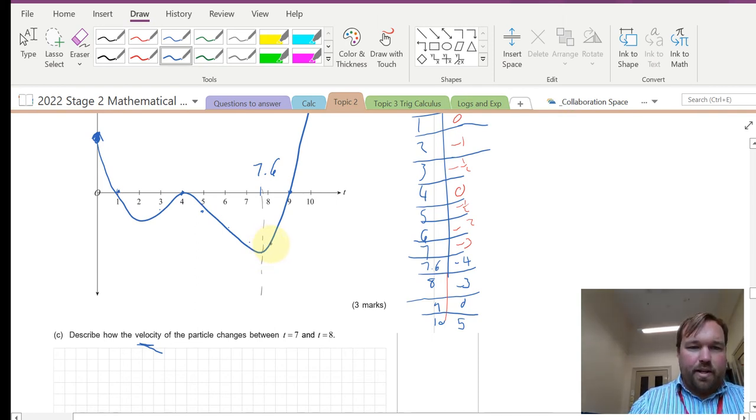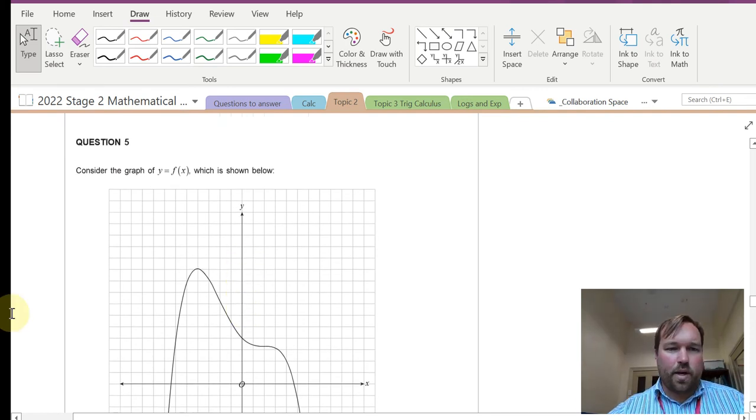What this means in reality is negative means the particle is moving left. It means it moves left increasingly quickly until 7.6, and then continues moving left, but not as quickly as you go from here to there.